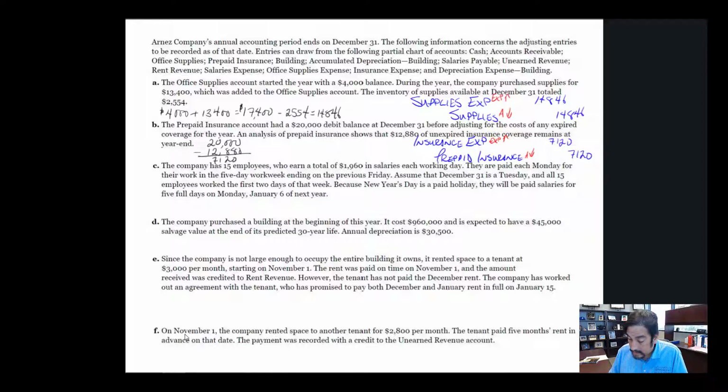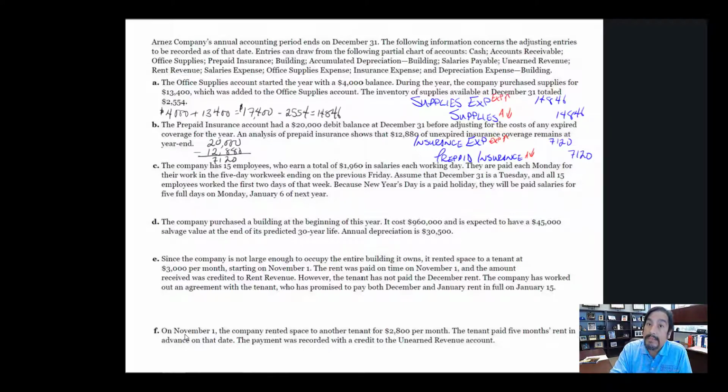Let's see. December 31st, that's today. That's the day we're doing these adjusting journal entries. December 31st is a Tuesday. And everybody worked the Monday and the Tuesday of this week. So we know that on Monday we paid them for last week and we expensed. When we pay them, we expense.